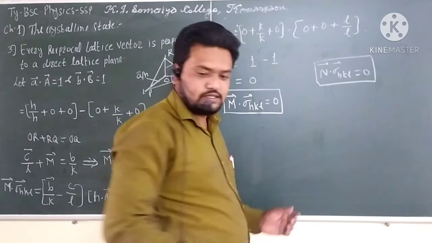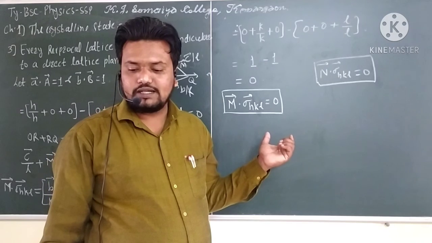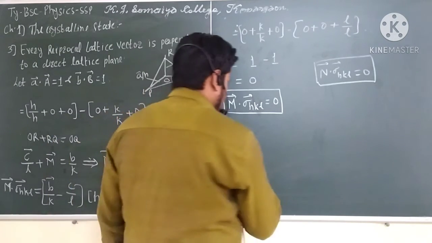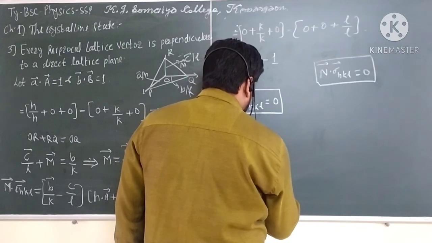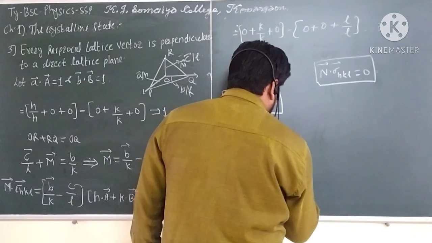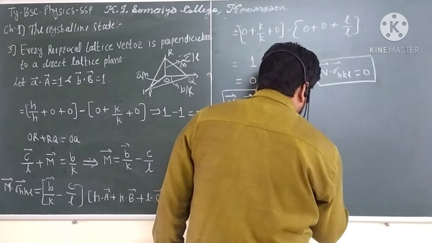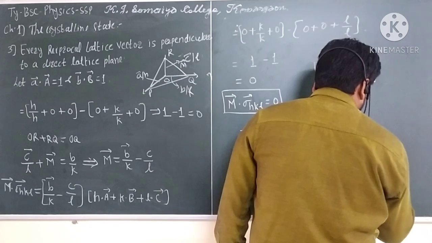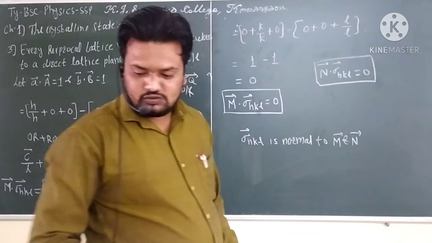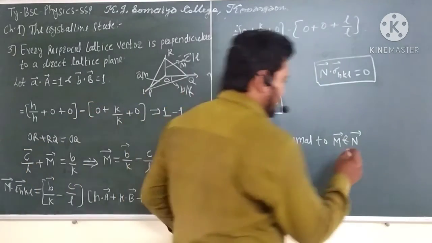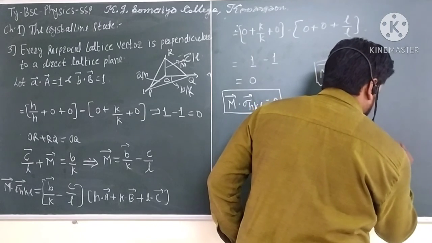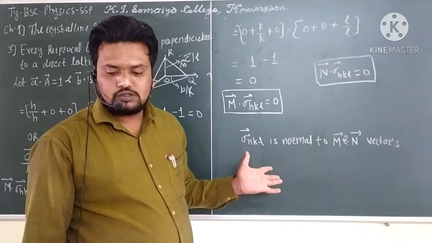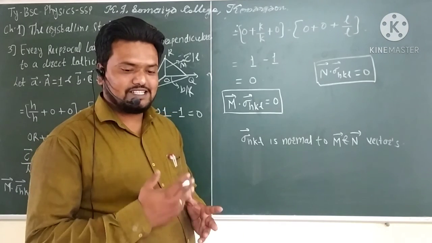From this we conclude that sigma bar HKL is normal to M bar and N bar, the vectors. And sigma bar is normal to the plane of M bar and N bar, which is the direct lattice plane of H.